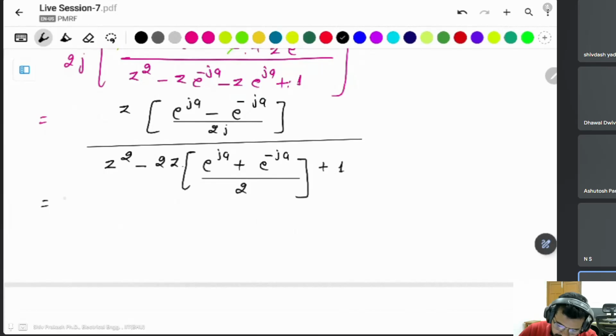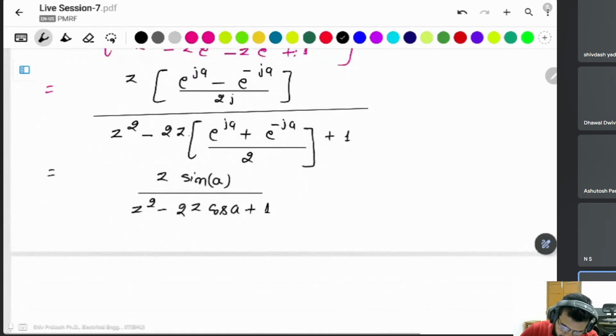In the numerator this will be z sin a. So X(z) is equal to z sin(a) divided by z square minus 2z cos(a) plus 1. This is the z transform of the sine sequence.